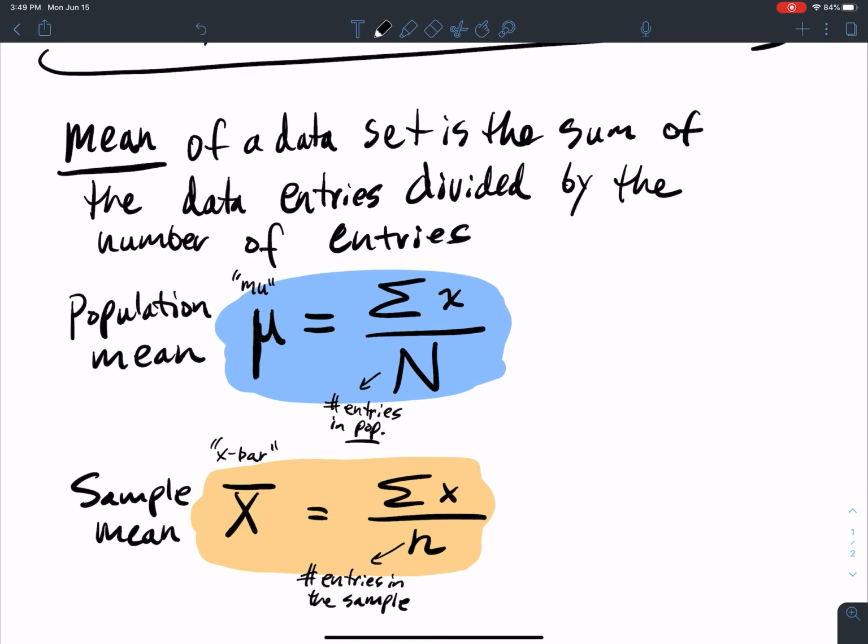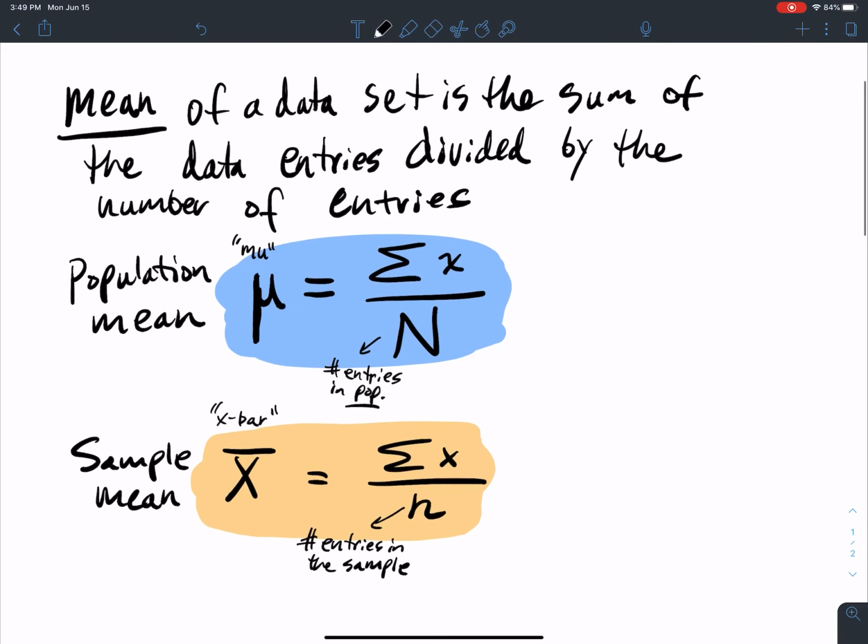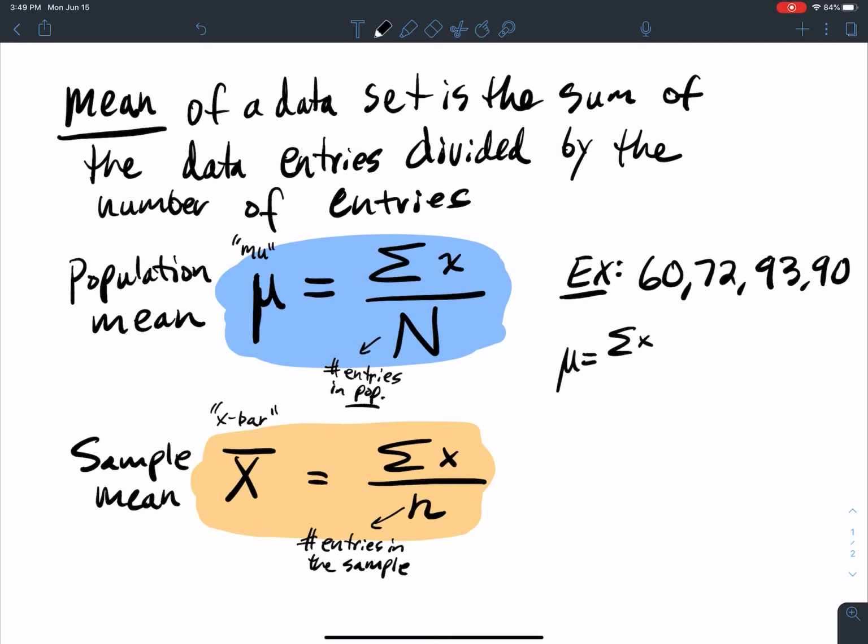All right, so let's take an example and find the mean. So take an example of test scores 60, 72, 93, and 90. And what am I going to do? To get the population mean, I add up all the data entries and I divide by how many there are.